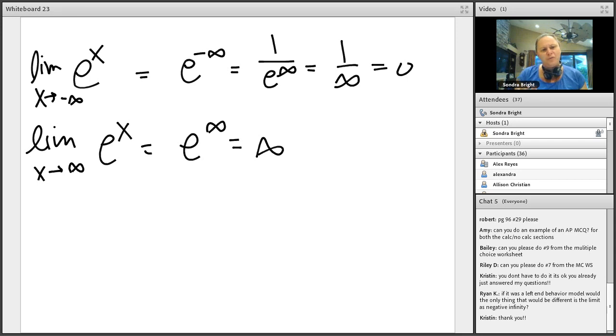So just be careful with those negatives and when they're in the bottom versus the top. And a negative exponent tells you to take the reciprocal, right?